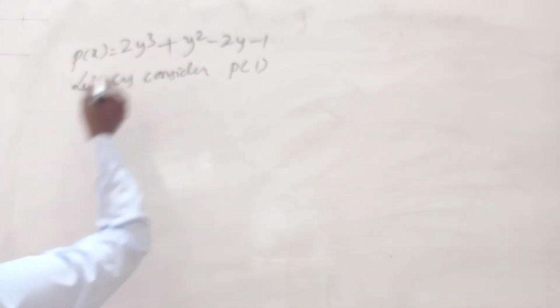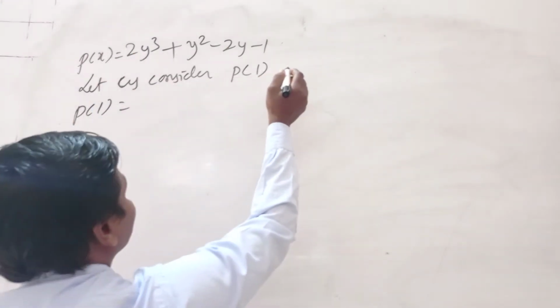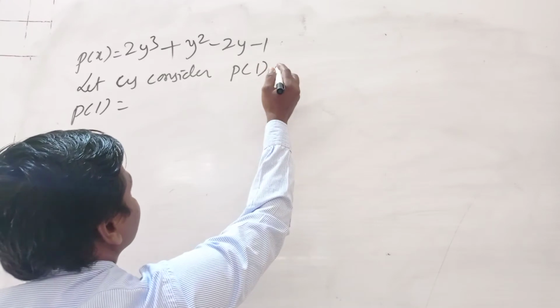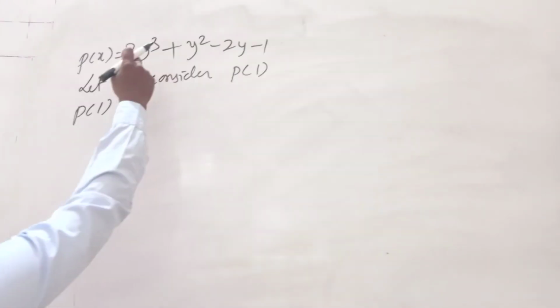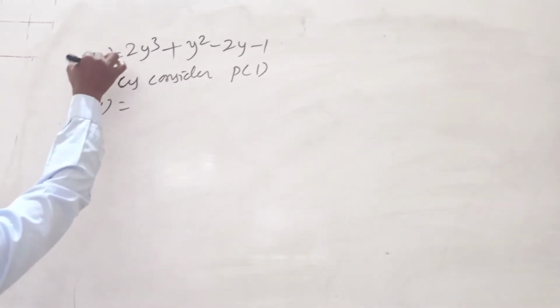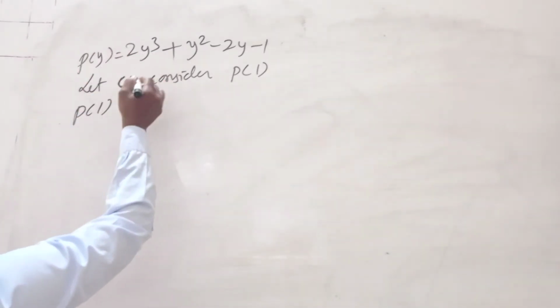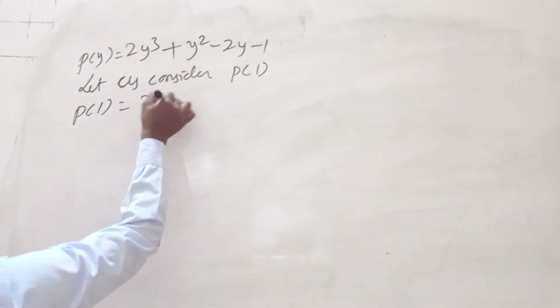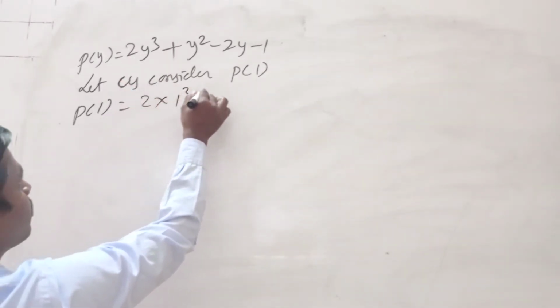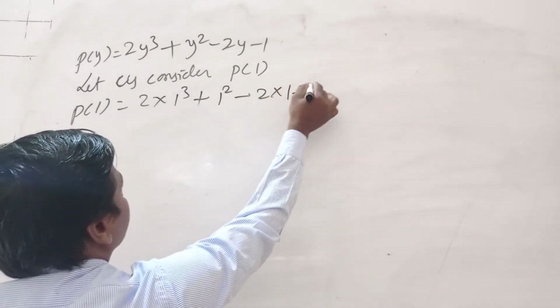For this polynomial, p of 1 equal to what will it become? Wherever y is there, you substitute 1. 2 into 1 cube plus 1 square, minus 2 into 1, minus 1. What is the answer here?